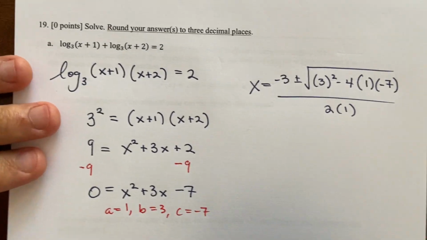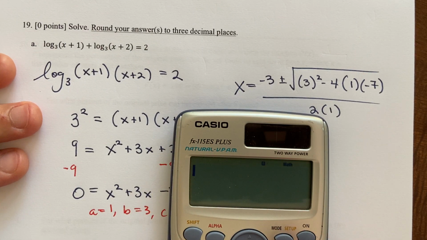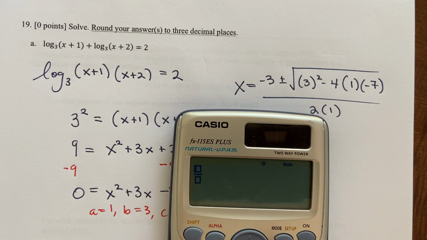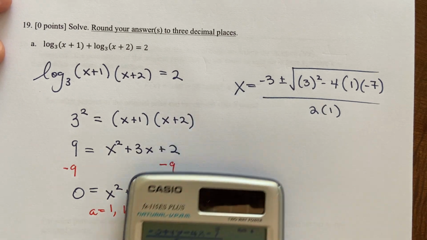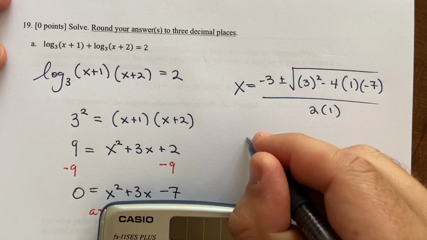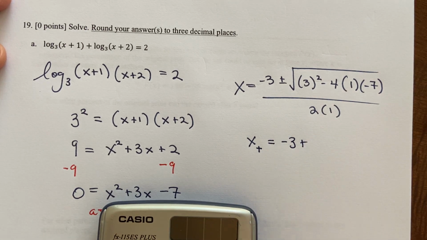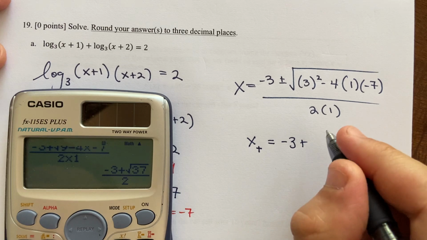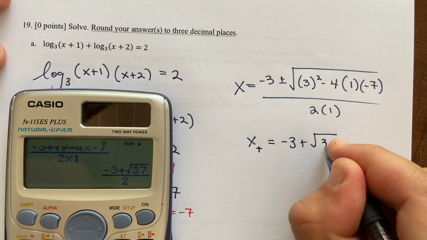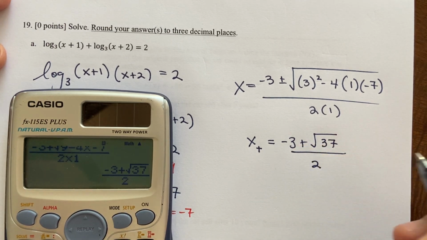See what numbers these are. Okay, they're weird numbers. So I'm getting x plus as -3 plus, oops, sorry about that. So -3 plus root 37 over 2.